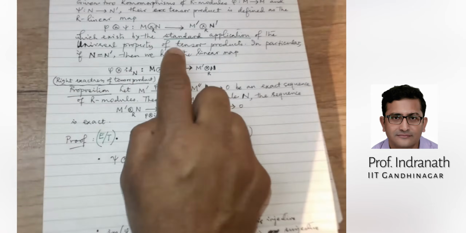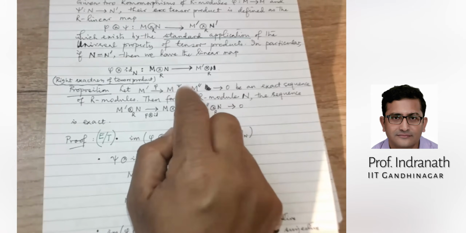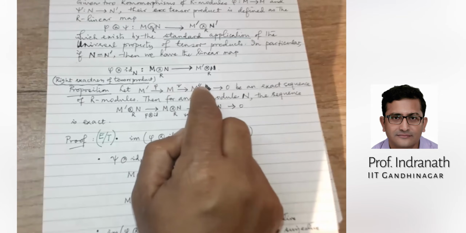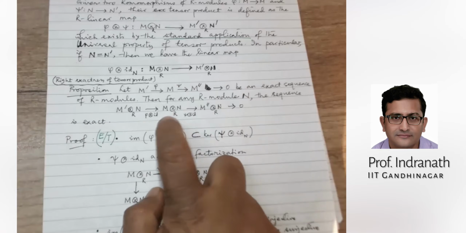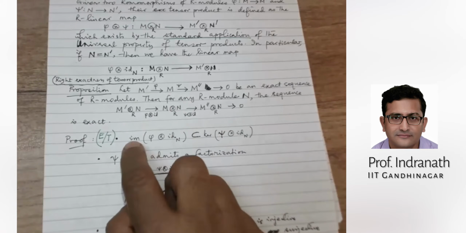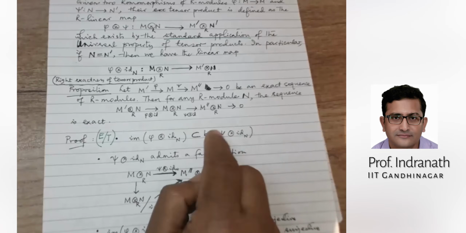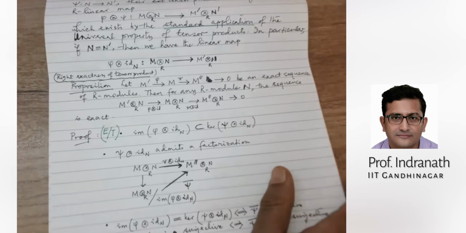Because you already have that this is an exact sequence. So therefore, definitely psi composed with phi is 0, right? And therefore, if you tensor it with this N and take the identity, then if you take an element here in the image of this and apply the map, you nicely distribute your psi over phi, and it reduces to 0.